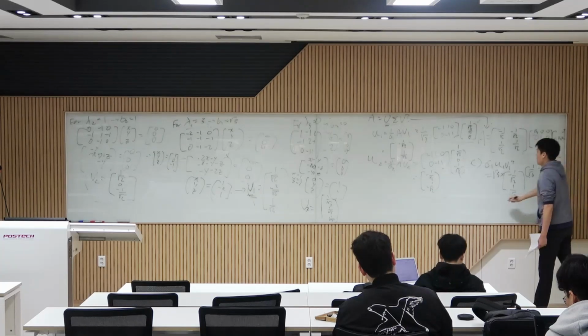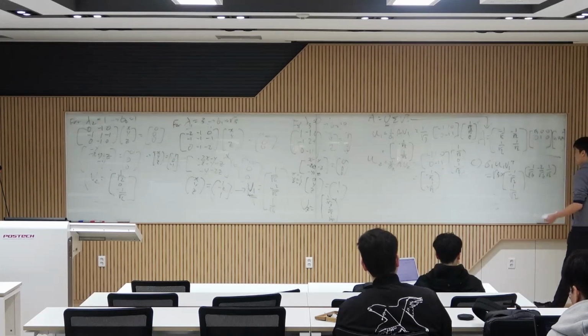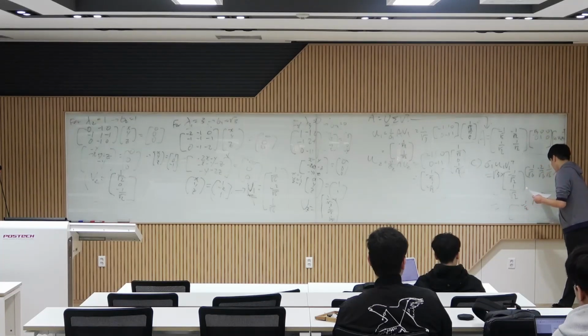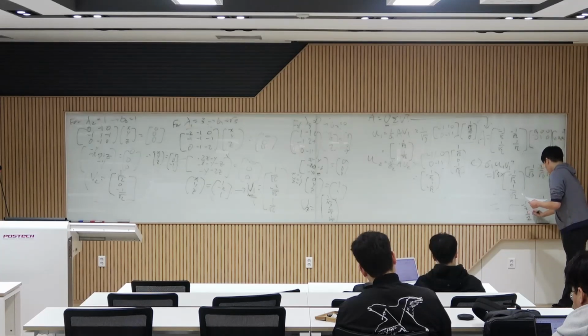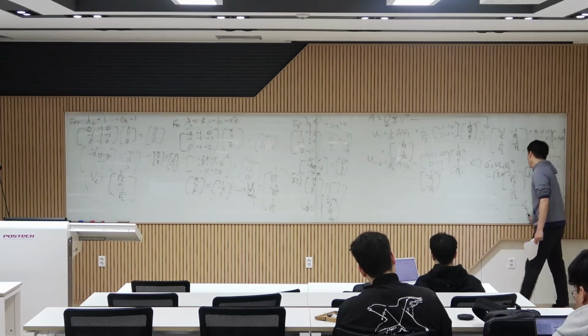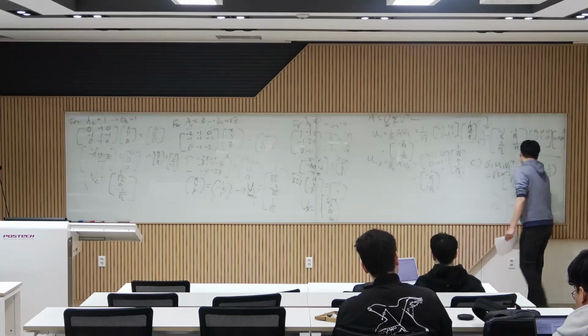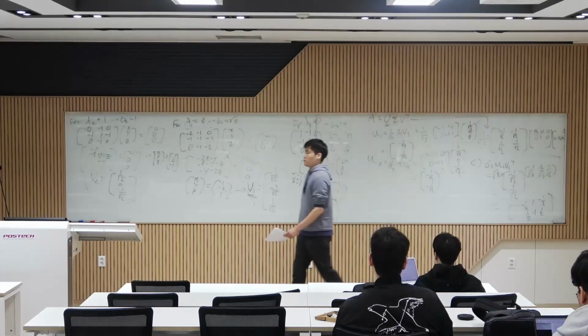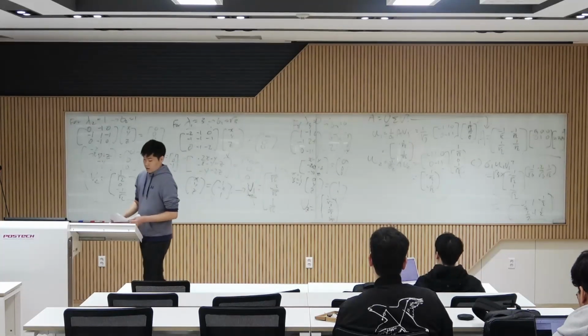If we compute all three, we get this. So this is basically the rank 1 approximation of the matrix A.